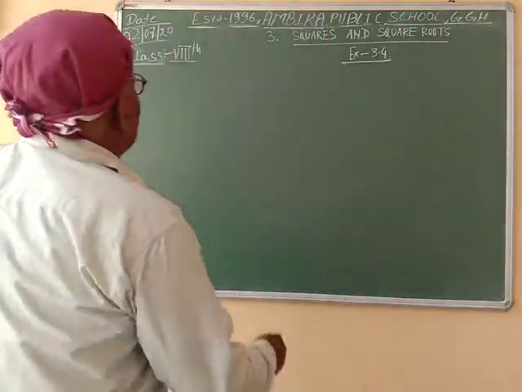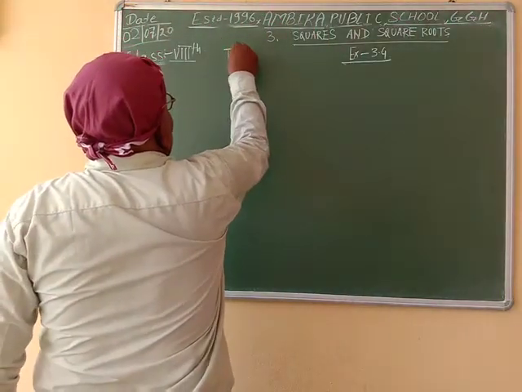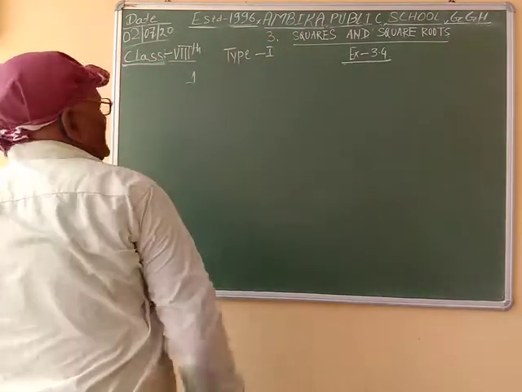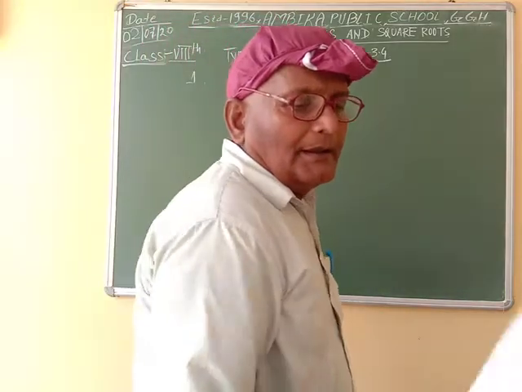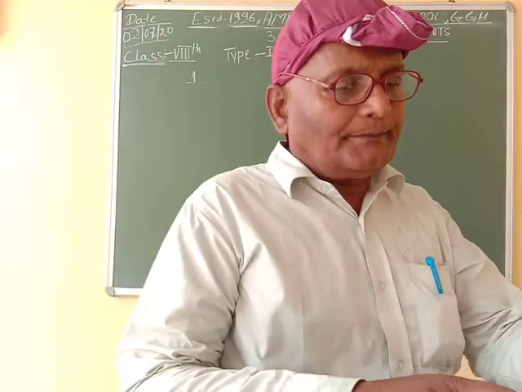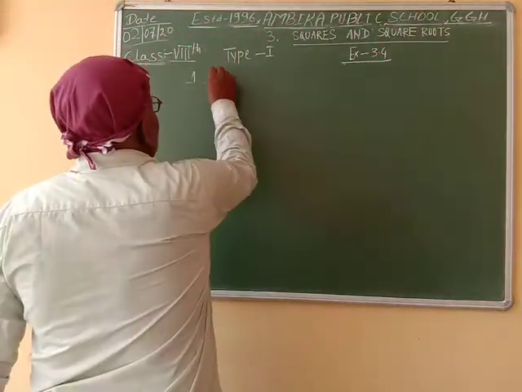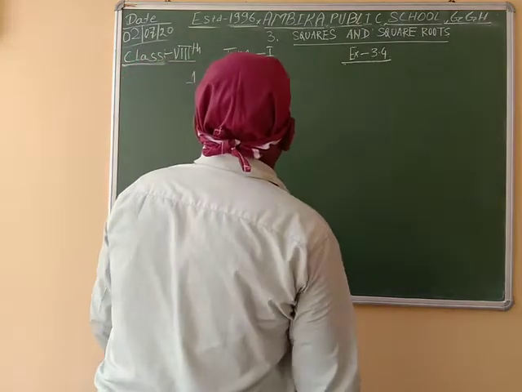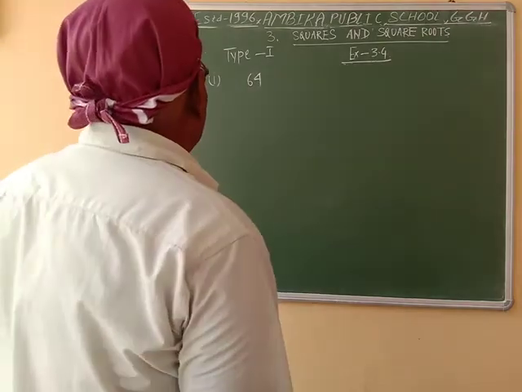First number question, type 1. First number question, 64. We have to find the number of digits in the square root of the given number.